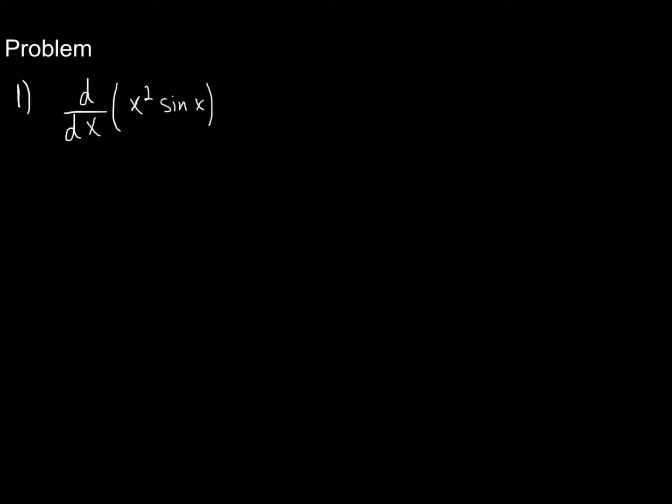Here I'm going to apply the product rule. I have a function u, which is x squared, and a function v, which is sine of x, and so I'm going to take u times the derivative of v with respect to x, and the derivative of sine is cosine of x, plus v, which is sine of x, times the derivative of u, which is 2x. And so I can rewrite this a little bit.